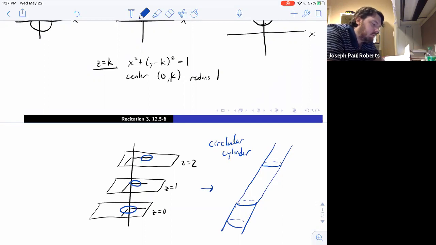And then the rulings point of view, remember, is that the rulings are all these lines that go through. You could think of the unit circle in the xy plane as the starting curve, and then you draw all these purple lines through it. Just think about one of these purple lines.